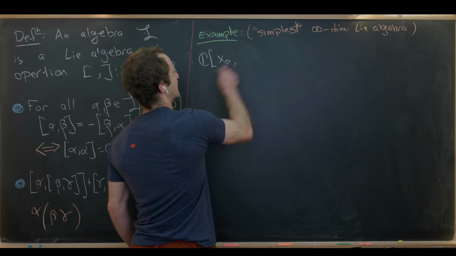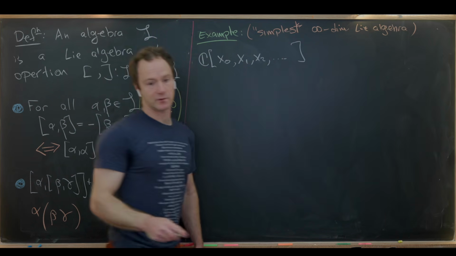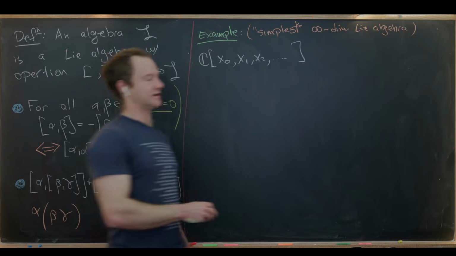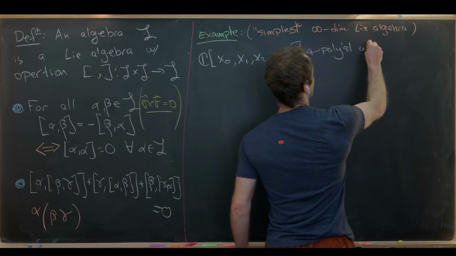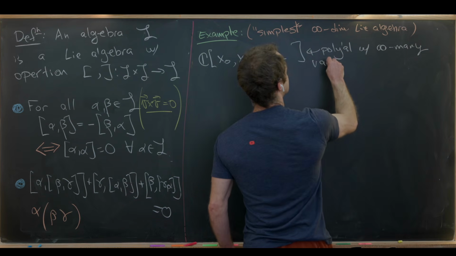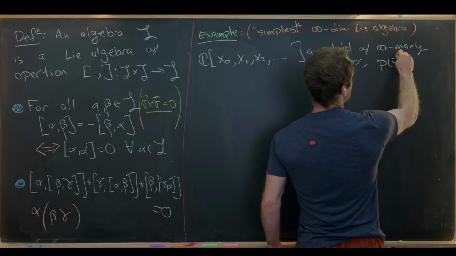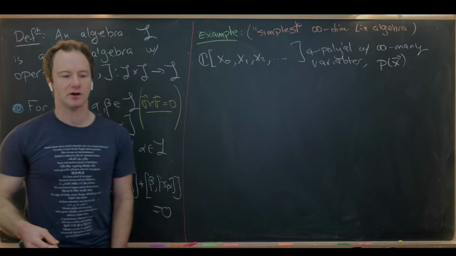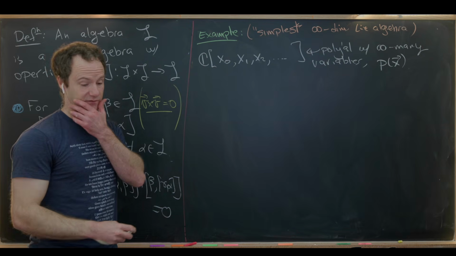So we have x0, x1, x2, and so on and so forth. So there we've got polynomials with infinitely many variables. Maybe we would write these as P, and then I'll just put an X with an arrow to say that it has those infinitely many variables.